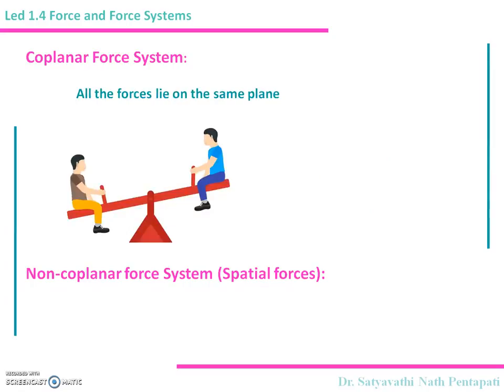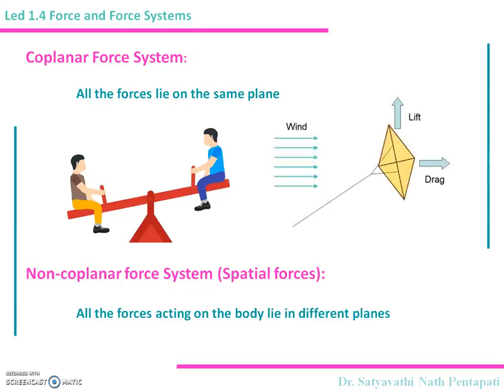Here, in this example of a seesaw, the weights of both the men are acting downwards vertically in the same vertical plane. And in this example of kite flying in the air, wind is acting in one direction and the tension in the string is in another plane, and the lift force and drag force acting on the kite are in a plane perpendicular to the tension in the string.